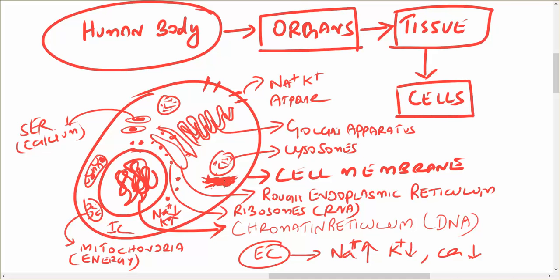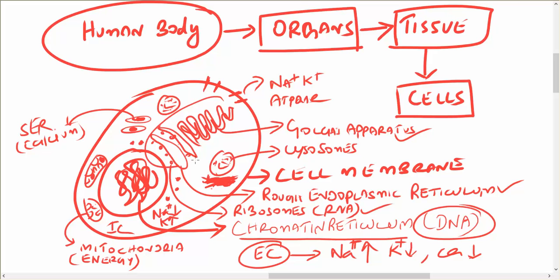Okay, so now let us discuss the functions of these organelles. You all know the chromatin reticulum contains DNA and stores our genetic component. Ribosomes, rough endoplasmic reticulum and the Golgi apparatus are all involved in protein synthesis. Lysosomal enzymes sometimes degrade certain parts of the cell if they have to be removed, or if any bacteria comes, in an immune cell the lysosomal enzymes help in killing the bacteria.